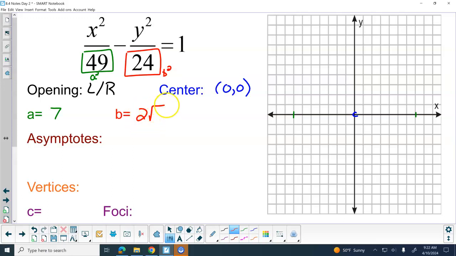It is 2 square roots of 6, which is going to be approximately 4.9, because it's right tight to 25, where 25 would be 5. So we're going to go up 5, 2, 4, and almost 5, down 2, 4, and almost 5. That then allows us to draw in our box.